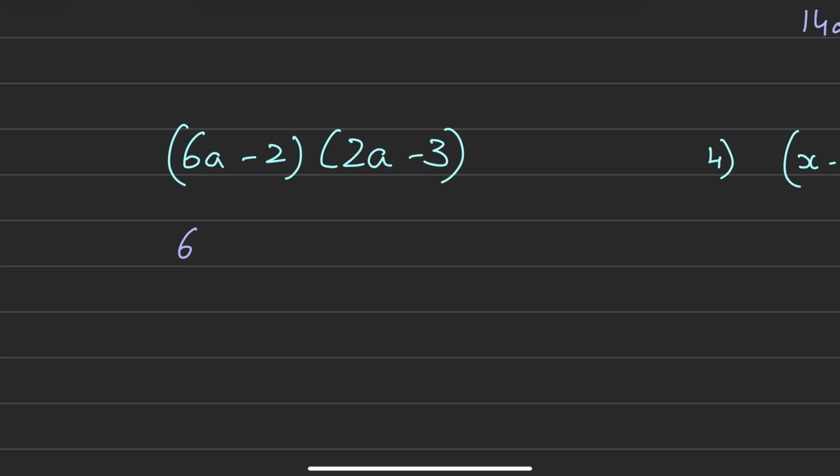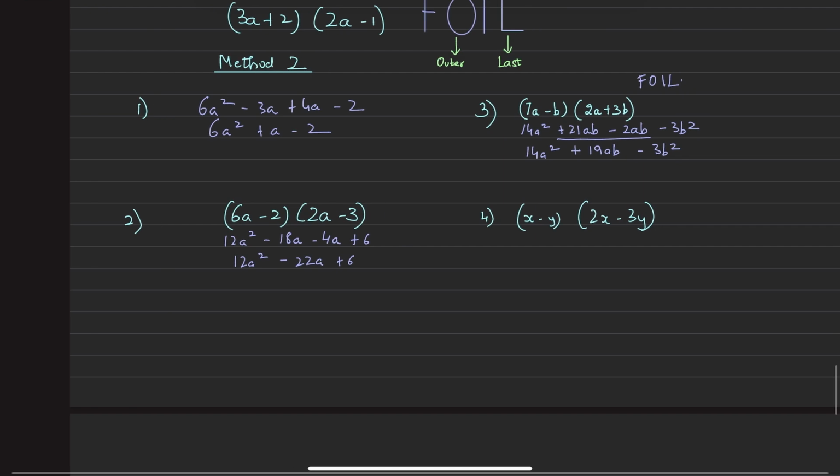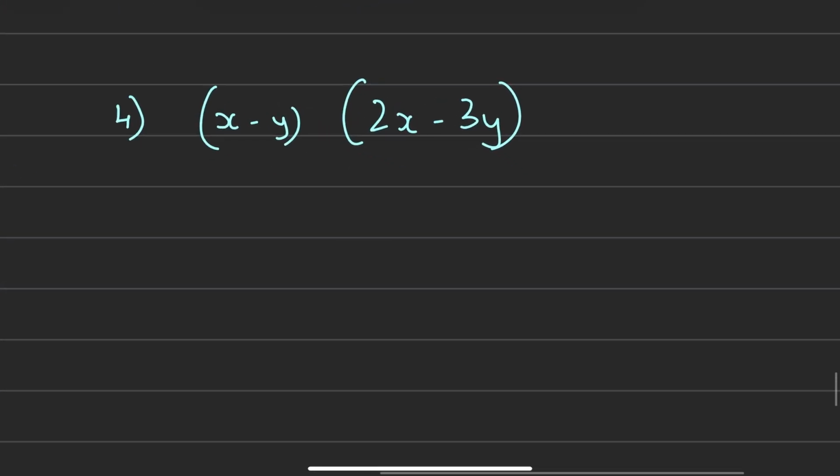Okay, 6, oh sorry. 6 2 is 12a square, first, outer, minus 18a, inner, minus 4a, last, plus 6. Okay, first, outer.